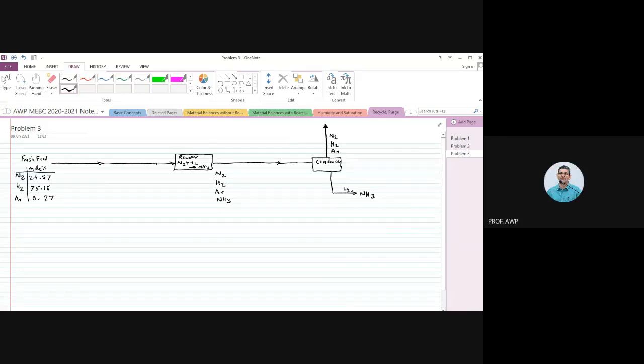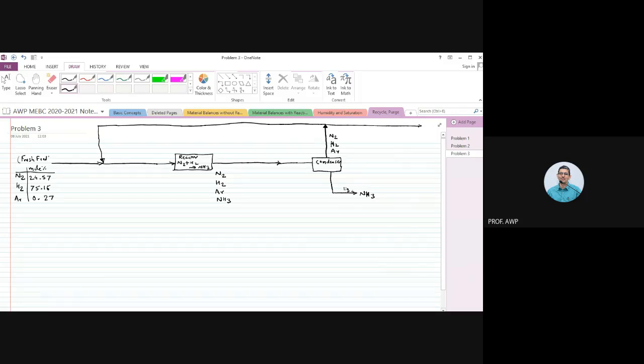Now, if I recycle this gas as such, then there will be a problem that argon comes in, but argon does not react. So all the argon will keep on accumulating, and therefore we must be able to control the amount of argon that remains in the combined feed, right?